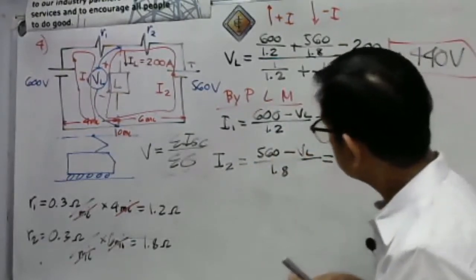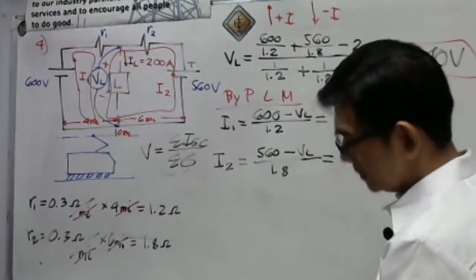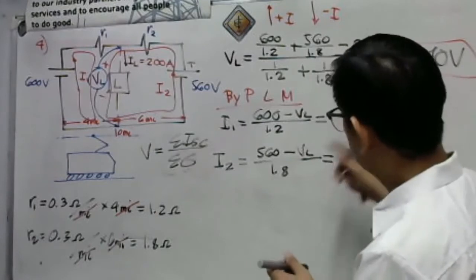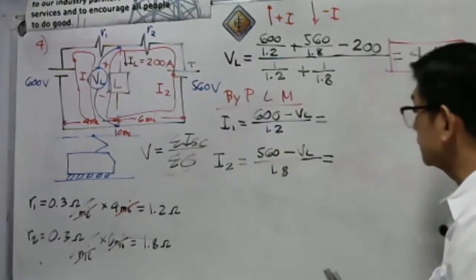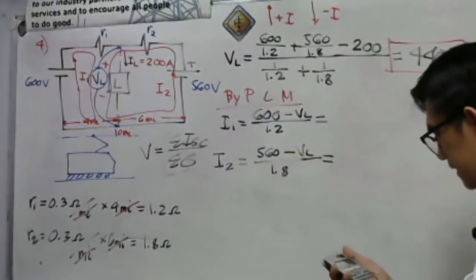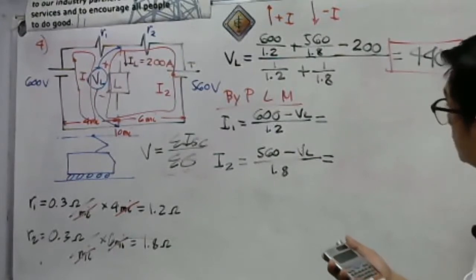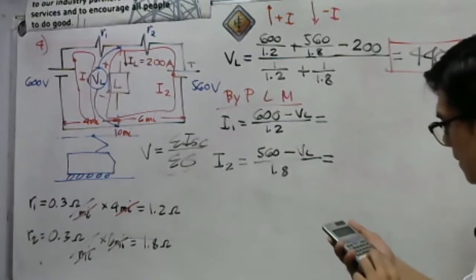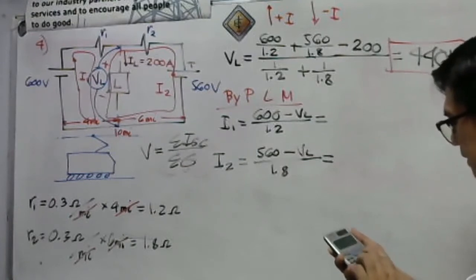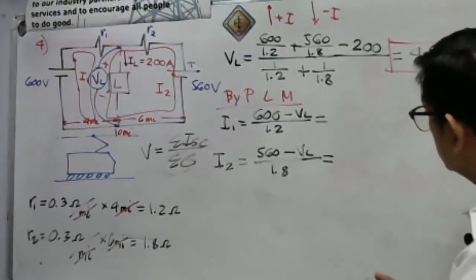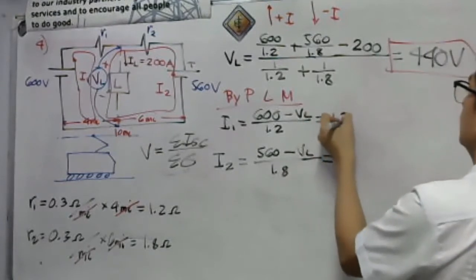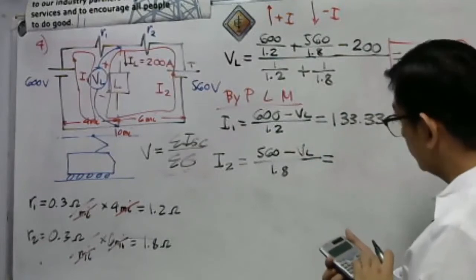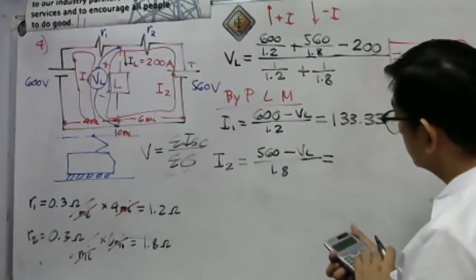Okay guys? So, let us complete now the solution. Let us find 600 minus BL, which is 440, divided by 1.2. So the answer is 133.33. What about here for 560?